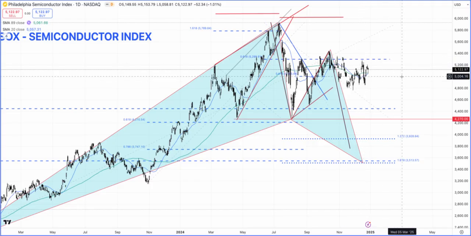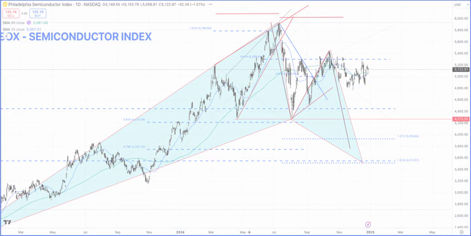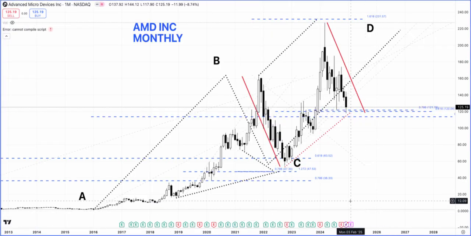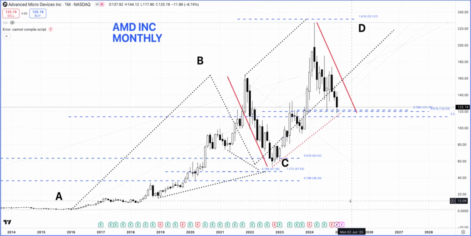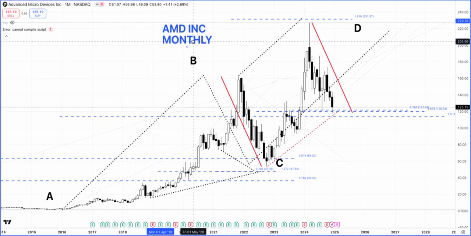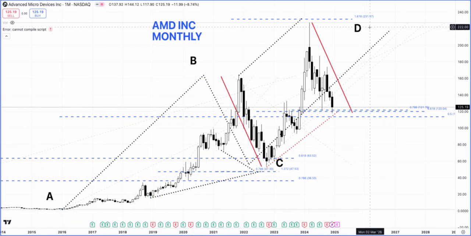Now let's move down to the AMD stock itself, and I'm going to move down to the longer term, which is going to be this monthly chart right here. So here we go. What are we looking at? It's a really long-term monthly chart, and we have a clear ABCD, which is the 1-to-1 price projection, which completed around this 220 mark.